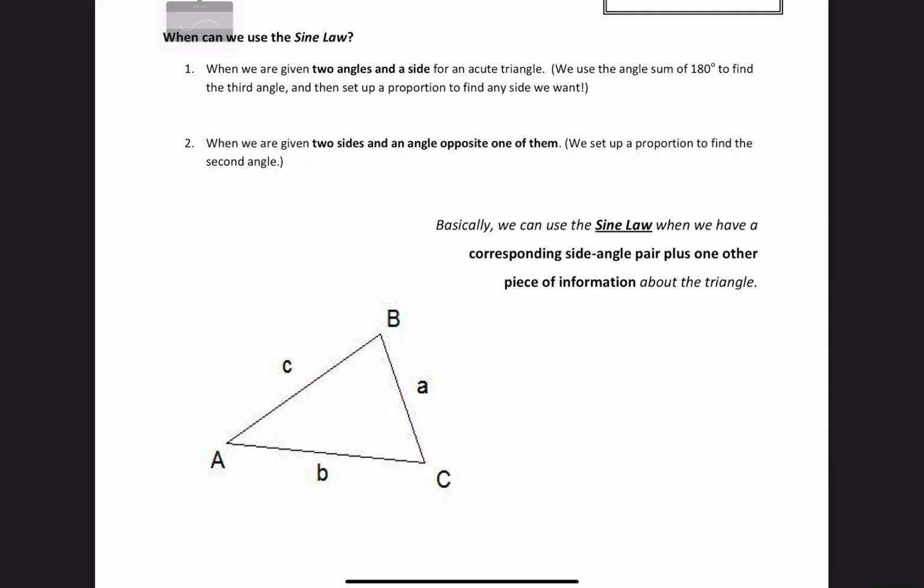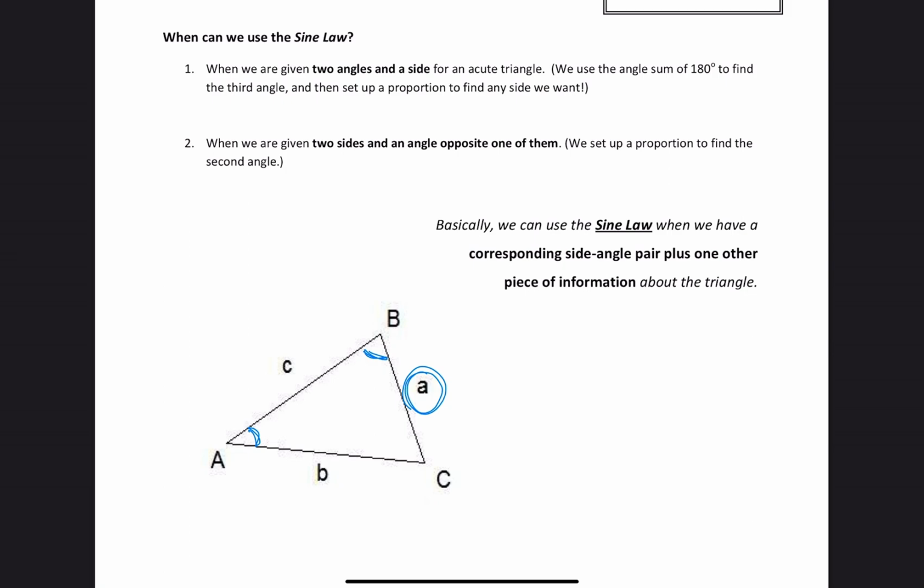So let's say, in this first example, we are given this angle, and let's say we're given this. Since we know that all the angles in a triangle add up to 180, could we find C? Yeah, we could. We could do 180 minus this angle, and whatever is left would be this. And then we would be able to use the proportion and find any side.